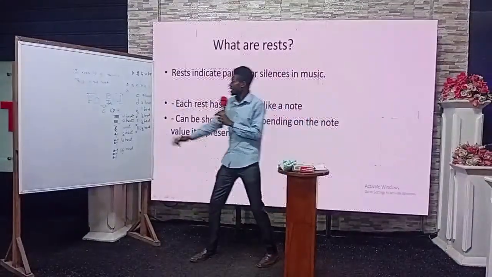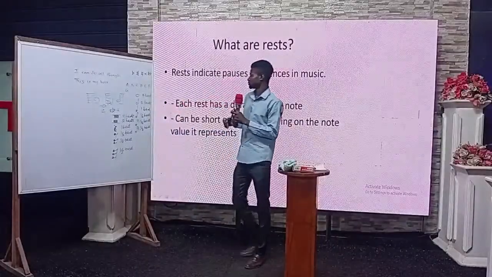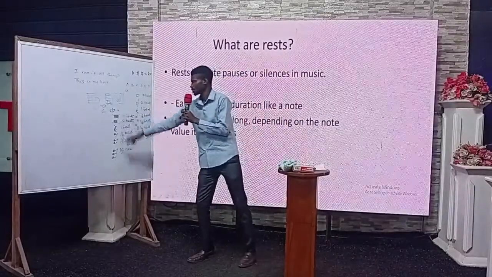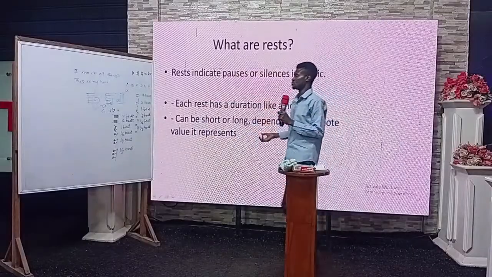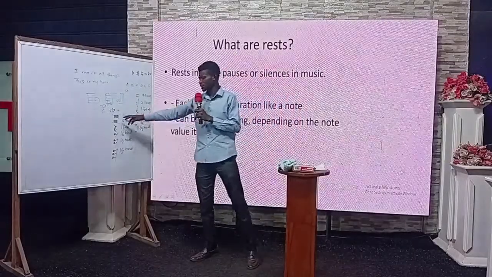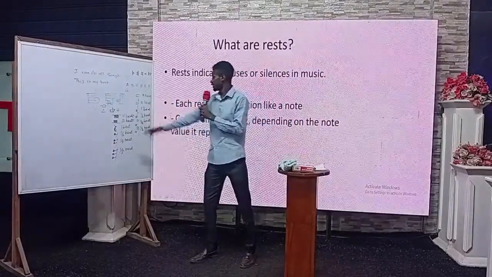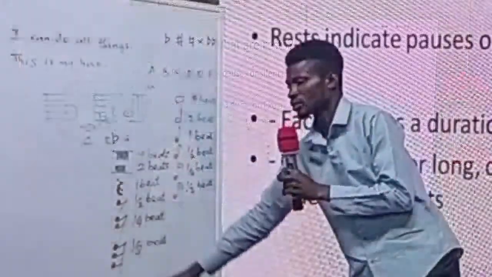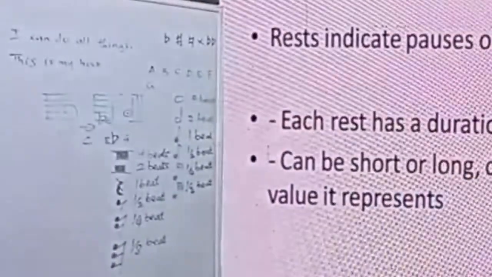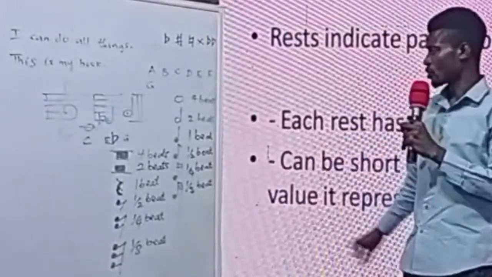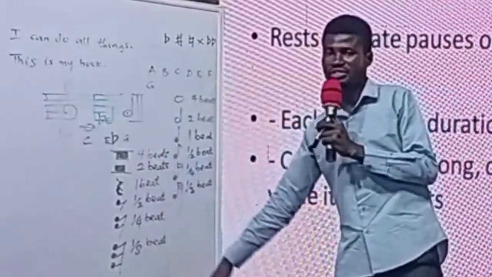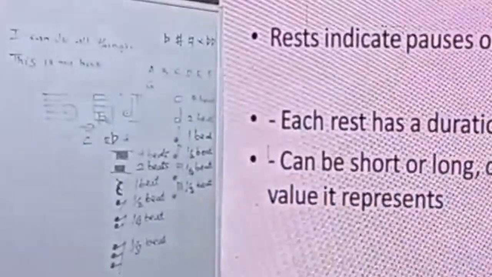Now, as far as musical rests are concerned, we don't produce sound. So anytime a musician is sight reading a piece of music, when you come across any of these symbols, you are to take a pause. Now, what is the duration of the pause that will be taken? It depends on the kind of rest that is indicated.